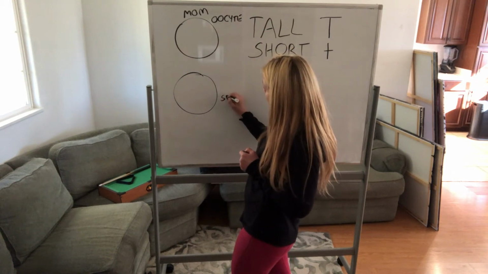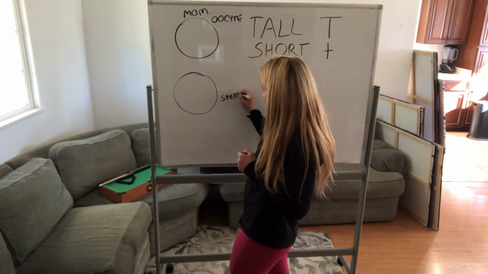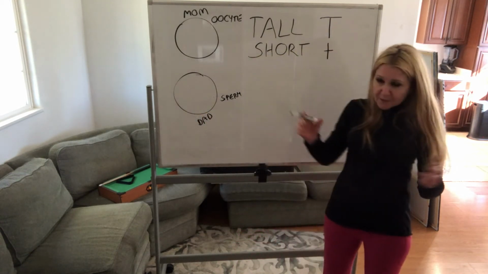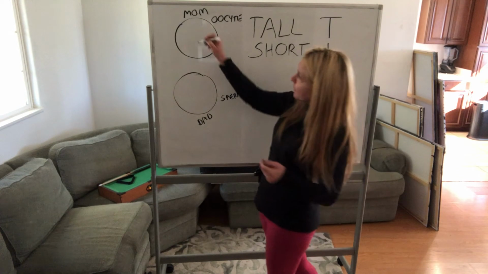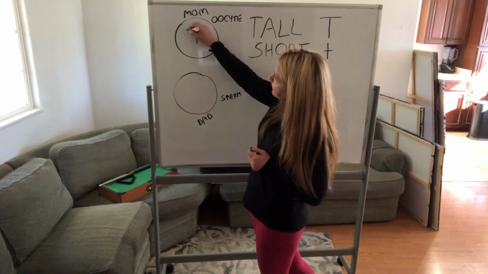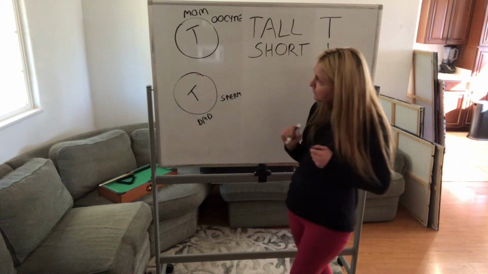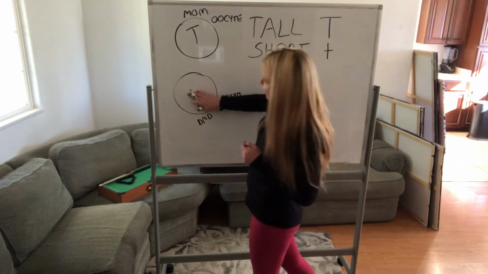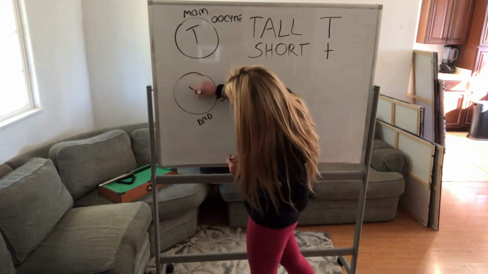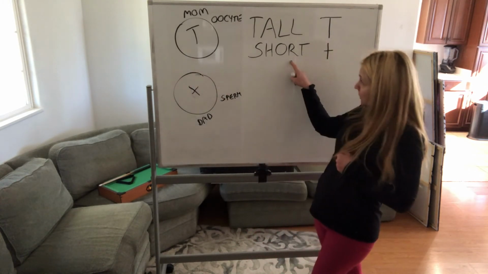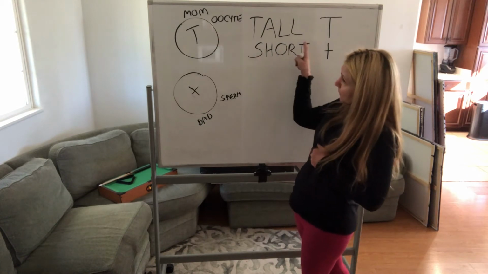And this is sperm, this is dad. Let's say these are plants now. So let's say the father had the gene for short, mother had a gene for tall.